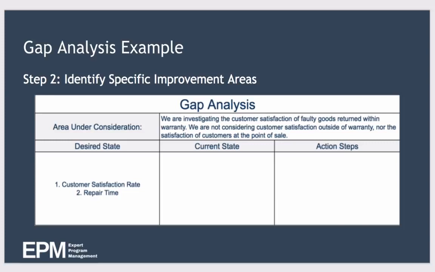And for the purposes of our example, we identify 2 specific areas we want to improve. So firstly, customer satisfaction rate, that is the percentage of customers that are satisfied with the service they receive, and repair time, and that's the total time it takes to repair the faulty product and return it to the customer. So we update our gap analysis to reflect this.